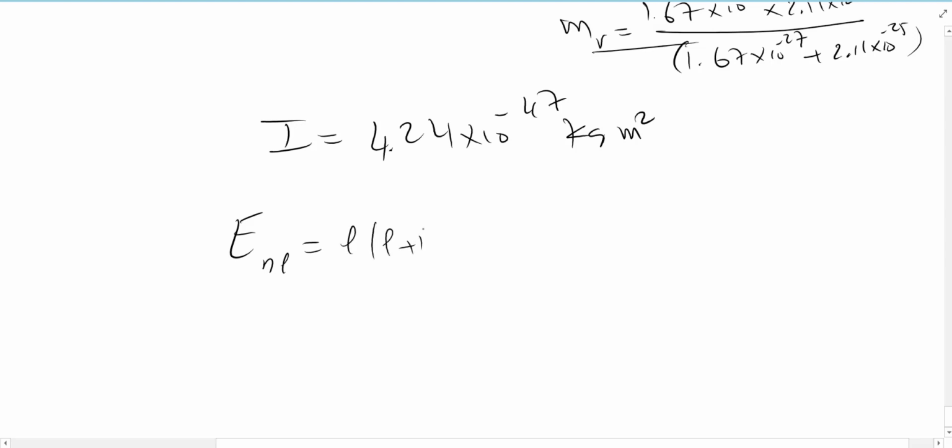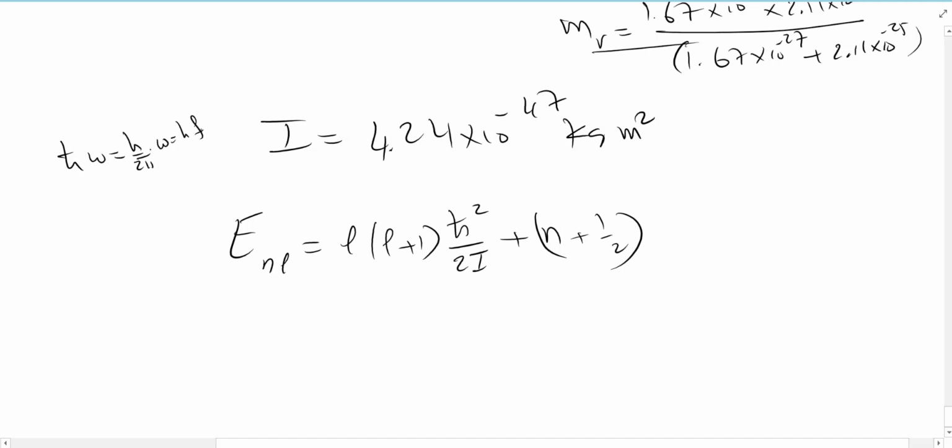For the rotation, I have L(L+1) times h bar squared over 2I, plus (n + 1/2) times h bar omega. But remember, h bar omega is h over 2 pi times omega, and omega over 2 pi is f. So this is hf. So this is actually h times f.